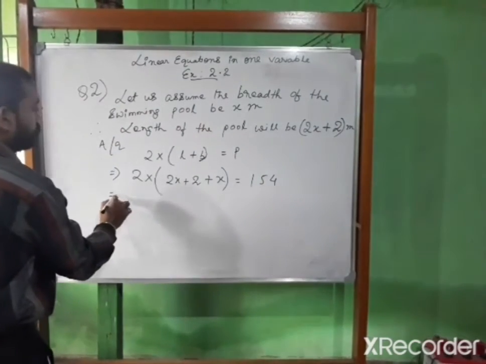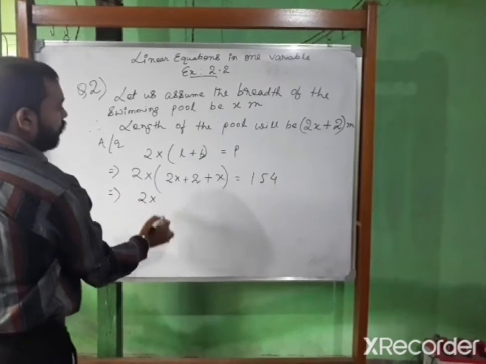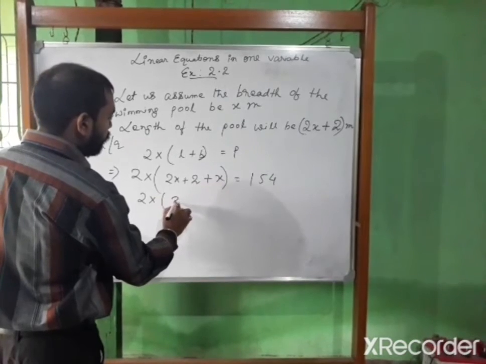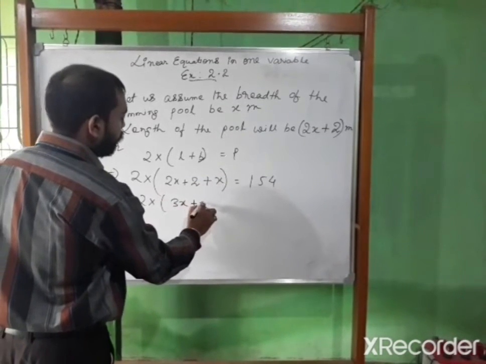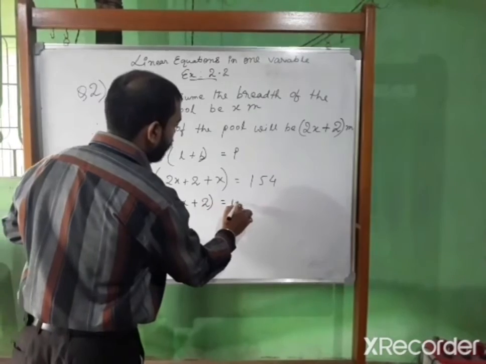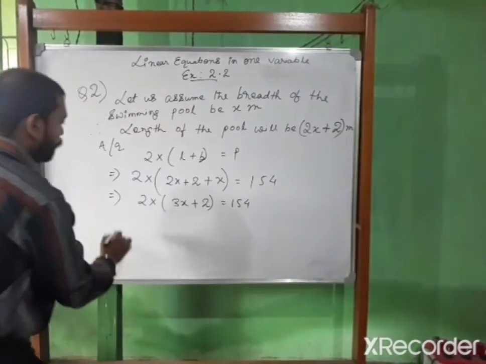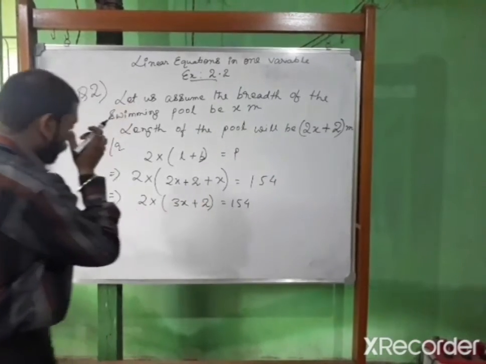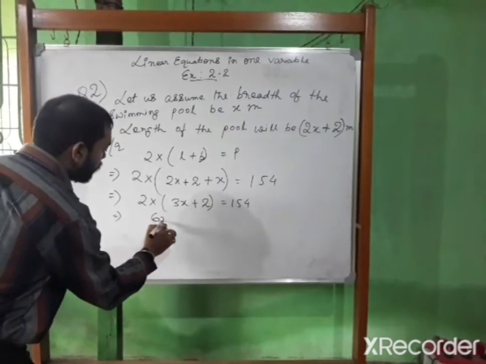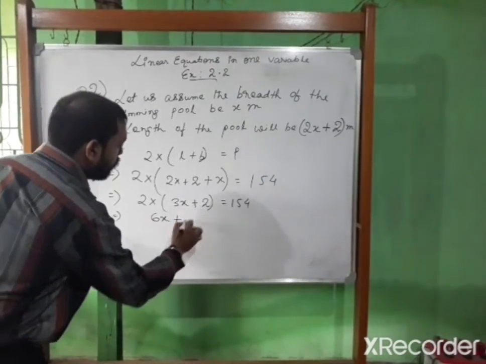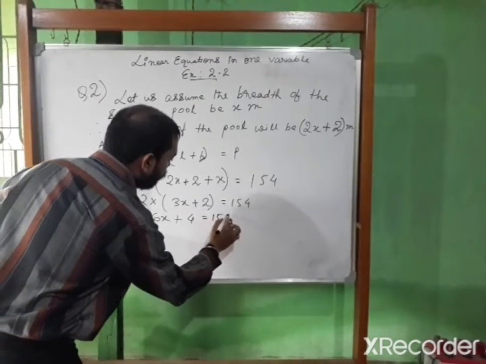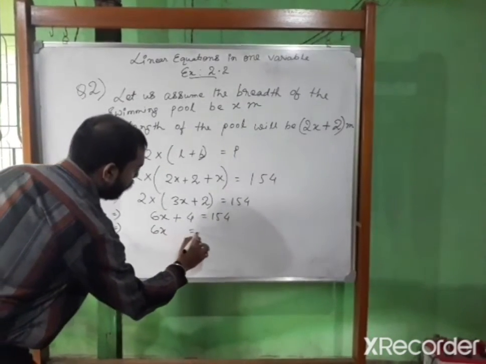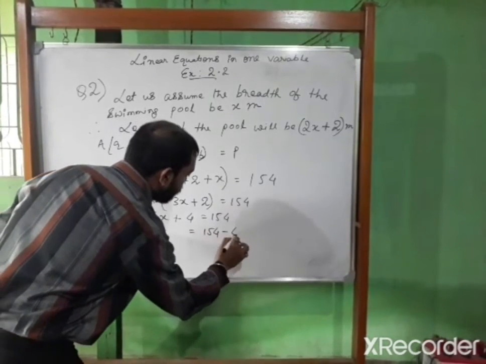Now you see 2x plus x will be 3x, plus 2, equal to 154. Let us multiply this 2 with 3x and 2. So it will be 6x plus 4 equal to 154, which implies 6x is equal to 154 minus 4.